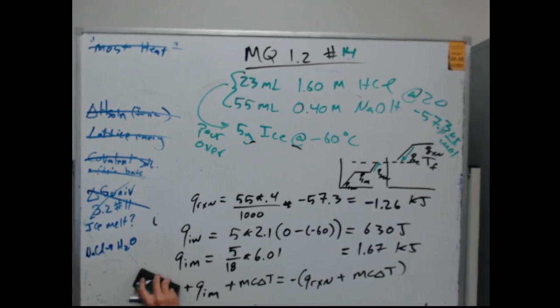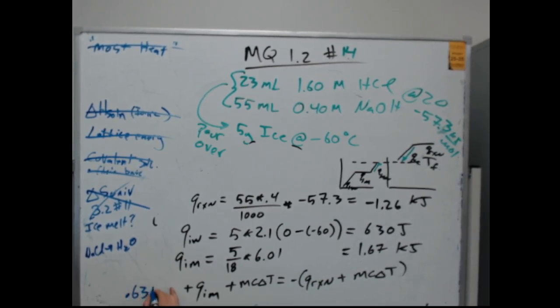My ice warming number, I'm going to do it in kilojoules. My ice warming is going to be 0.63 kilojoules. My ice melting is going to be 1.67 kilojoules. I'm not going to put the kilojoules label, just know that I'm doing everything in kilojoules.